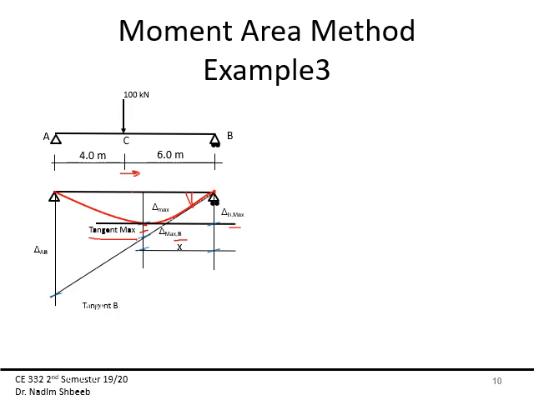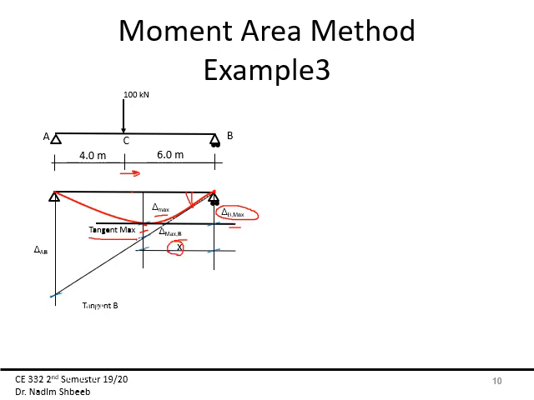Okay, so what you've noticed is that delta B max, as we showed in the last class, is simply delta max. Now you would tell me, so if I know delta max equal to delta B max, I can use the second area theorem, right? And you would be correct, but my problem is I don't know where the maximum value is.